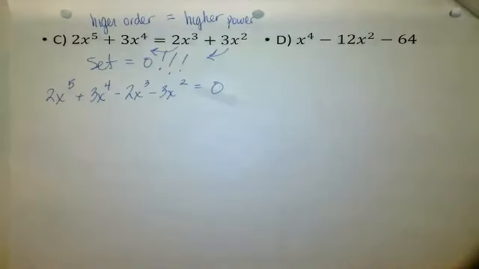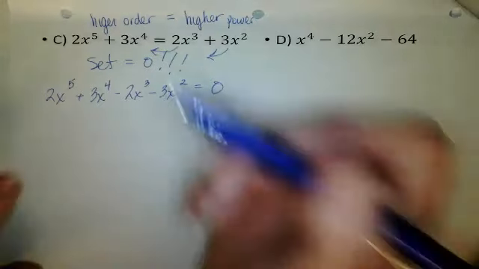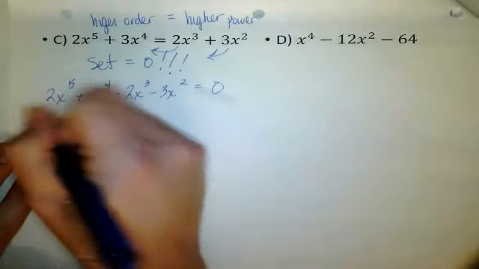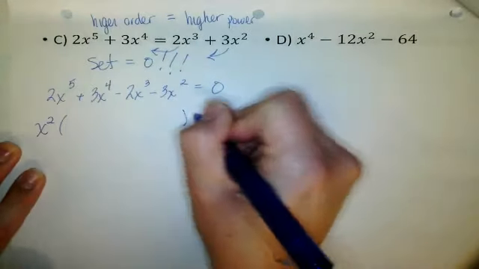All right, and then what can you do? Factor by grouping. What else can we do? You can factor out x squared from all of them. There's an overarching GCF here. We have a GCF of x squared. So let's take that out first.